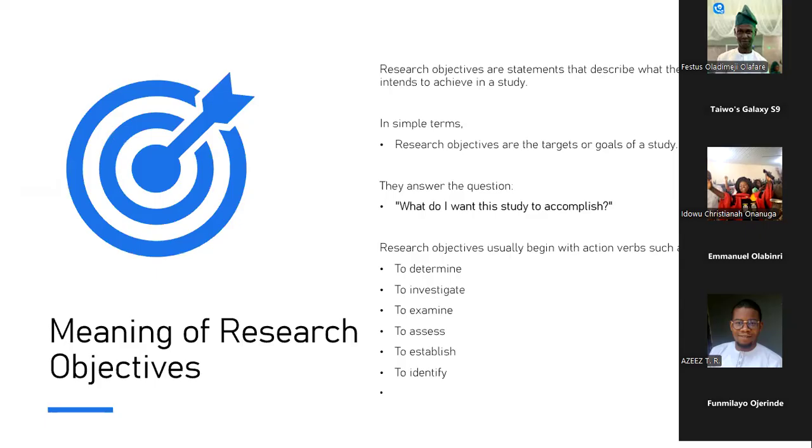Now, a research objective is a statement that describes what you, as a researcher, intend to achieve in a study. If we are to put it simply, research objectives are your targets or your goals, what you want to achieve or accomplish at the end of your study.